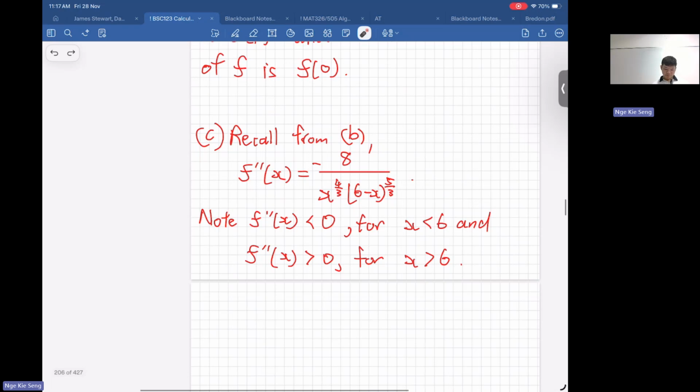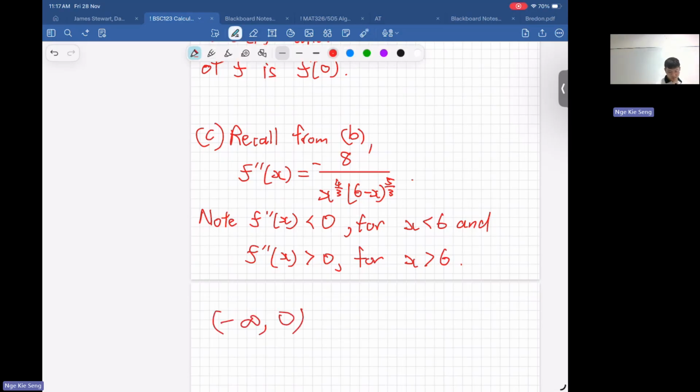No, the second derivative is very similar. I just want to say that the interval should be like this: minus infinity to 0, 0 to 6, and 6 to infinity. Let's see what's wrong here.